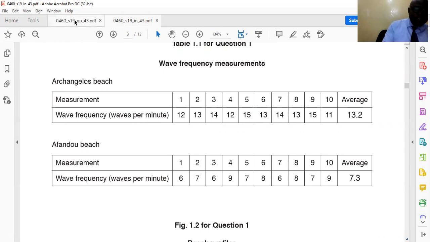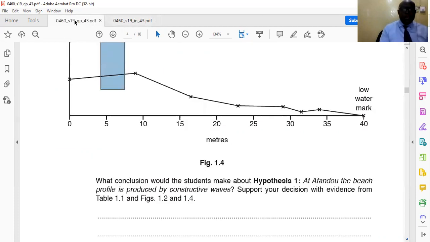And if we go back and check this, the average of this is more or less like that.